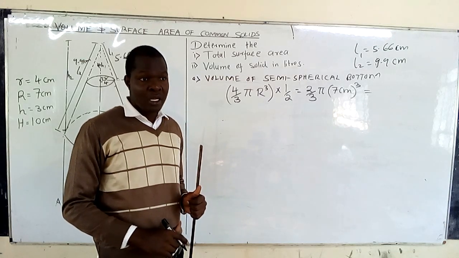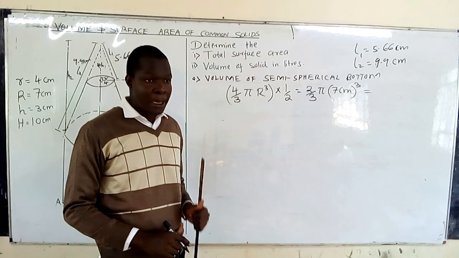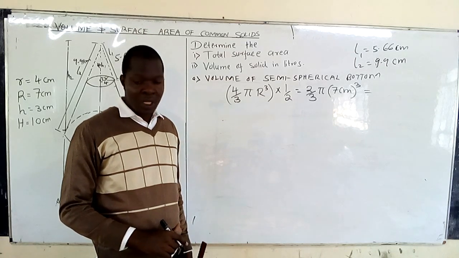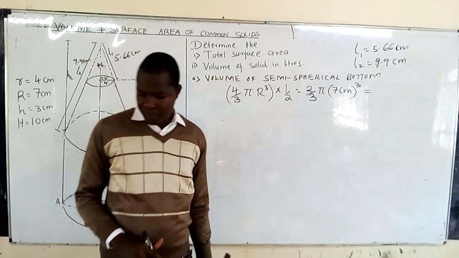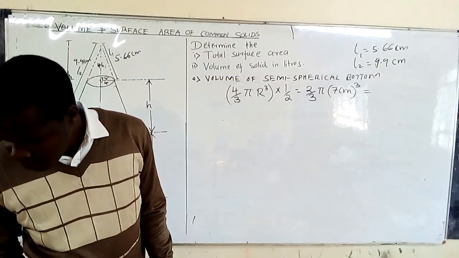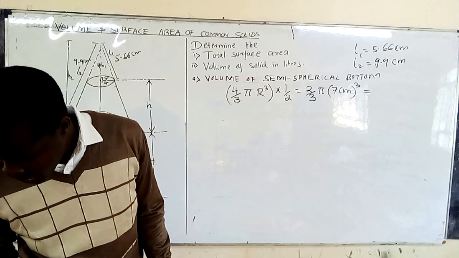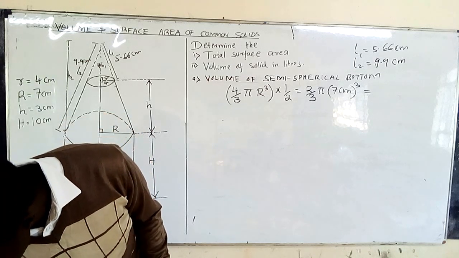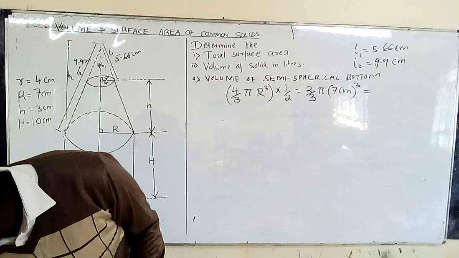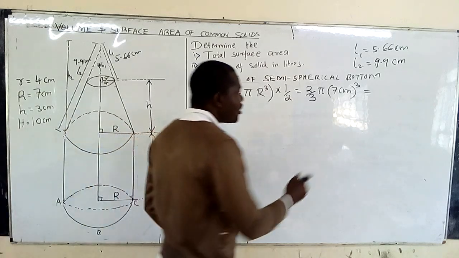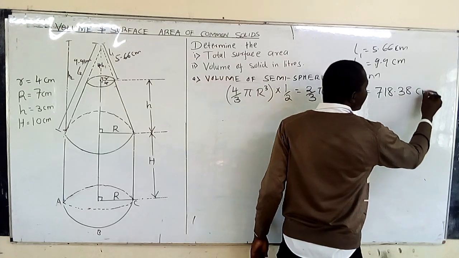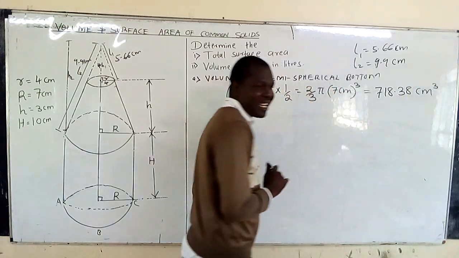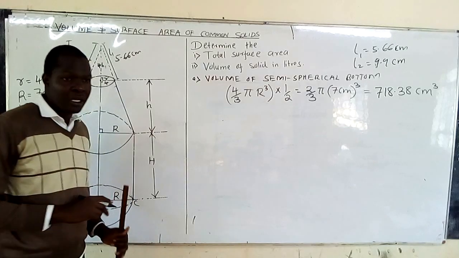Are we together? Yes. So what do you have there? Work it out: 2/3 times pi times 7 cube. Here we have 718.38 centimeters cube, isn't it? Are we together? Yes. Good.